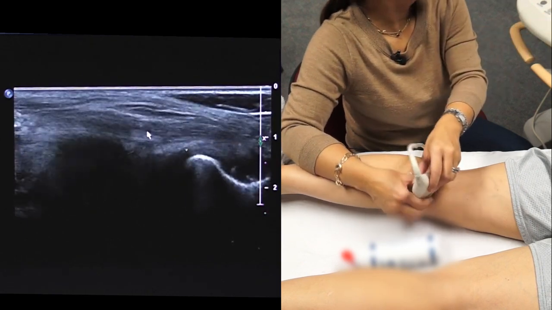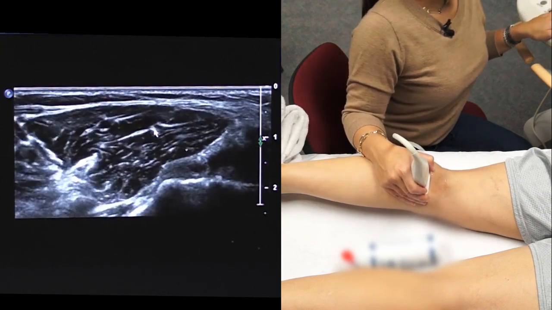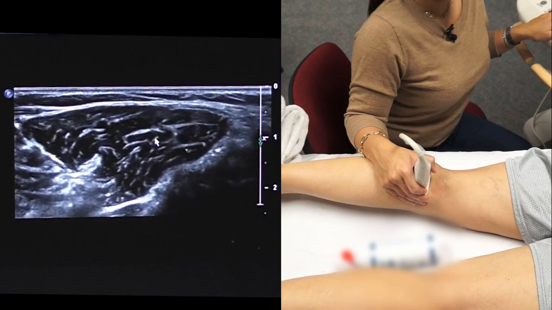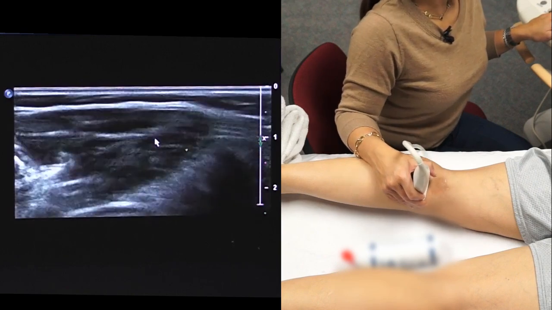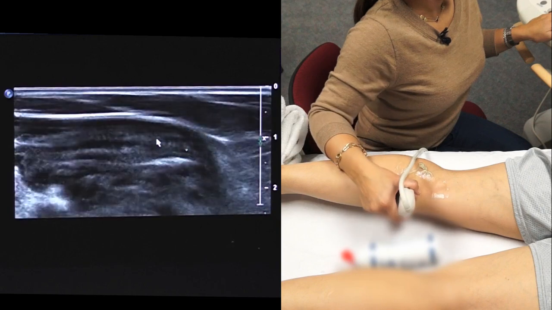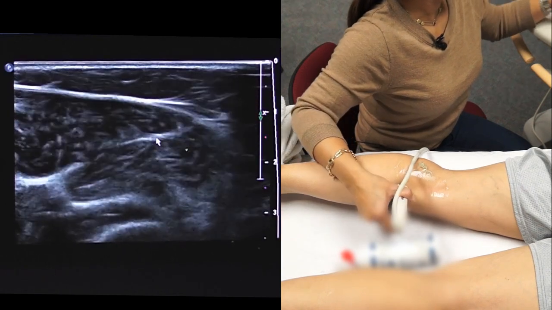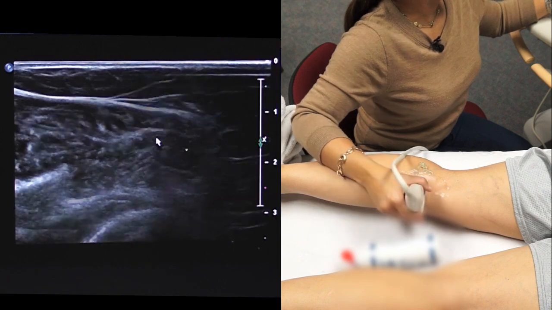Okay, next, going back to the medial head of the gastrocnemius, sometimes patients may present with pain in the posterior calf, and that pain could be medial. And if you look and follow, let me just adjust my depth here. Focus down.